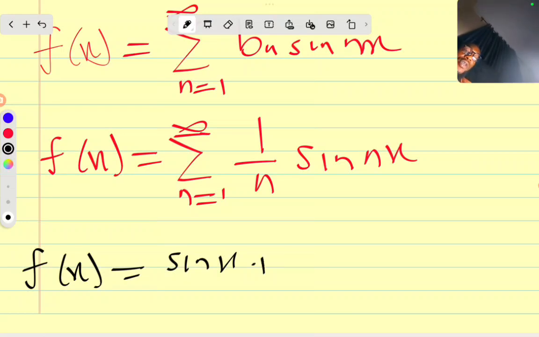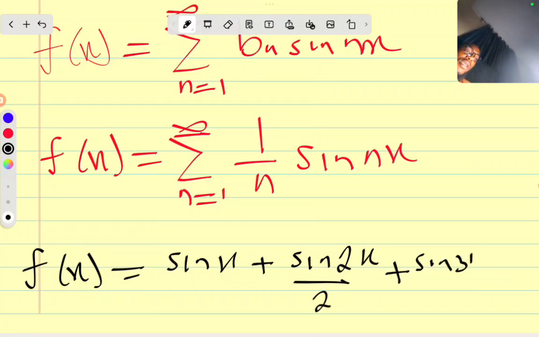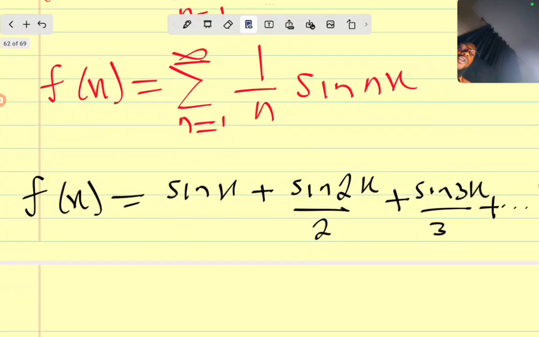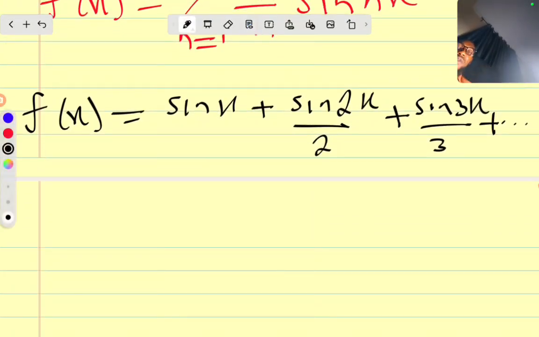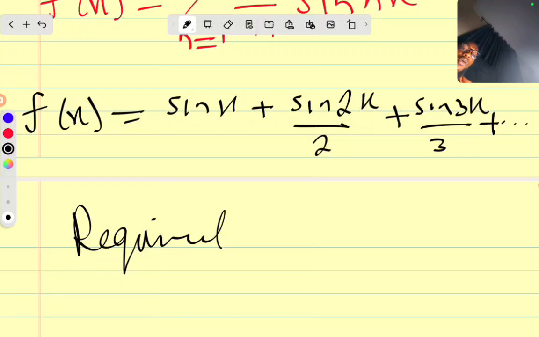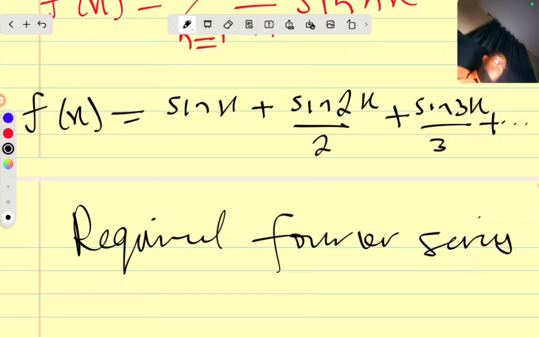While for the second, since my n is now 2, I have sine 2x over 2, plus sine 3x over 3 plus, and the Fourier series is going to continue, which is the required Fourier series of the given function.